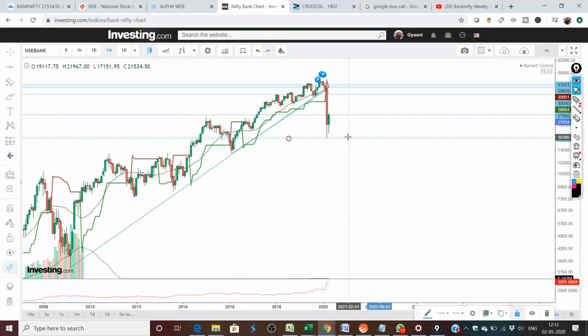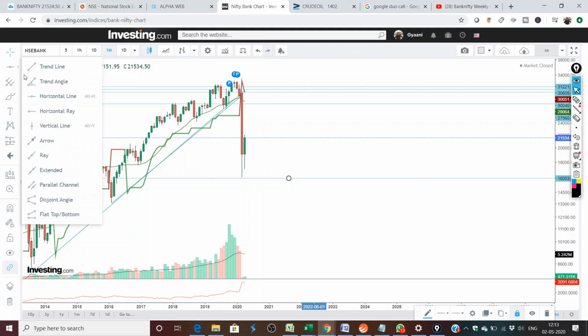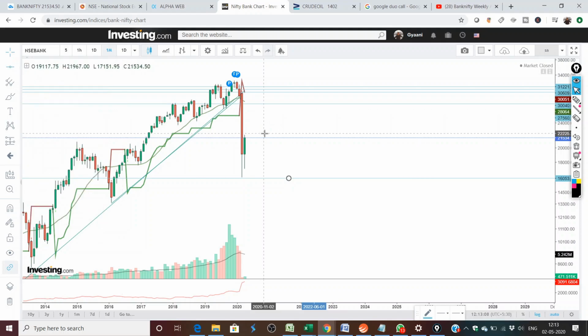Here the market has bounced and it is in a green candle. Let's see, the next level is if this month's high is broken. Listen to this very carefully. If this high, which is 22,037, is broken, you have to enter long.